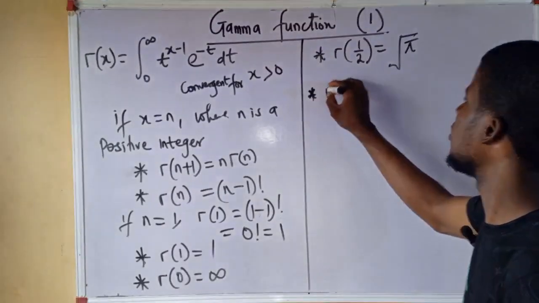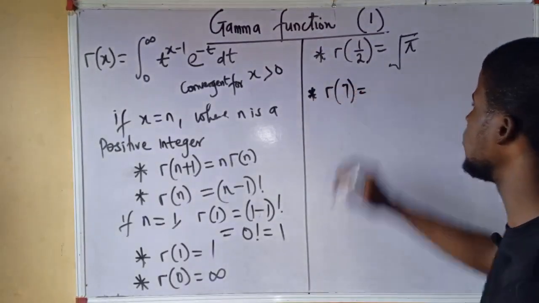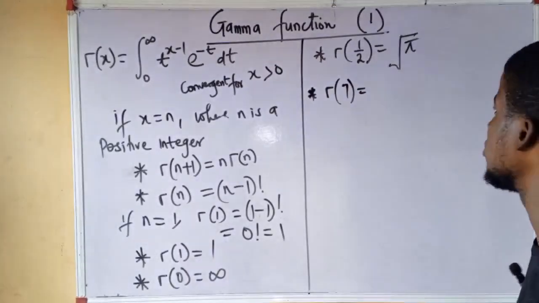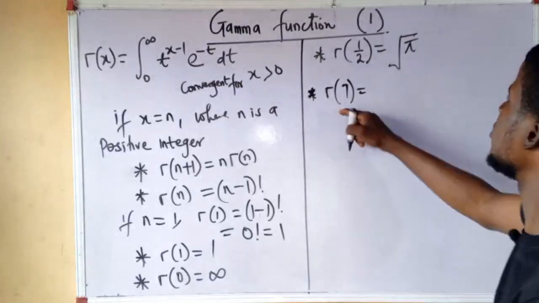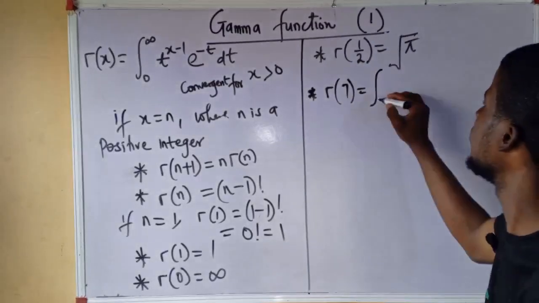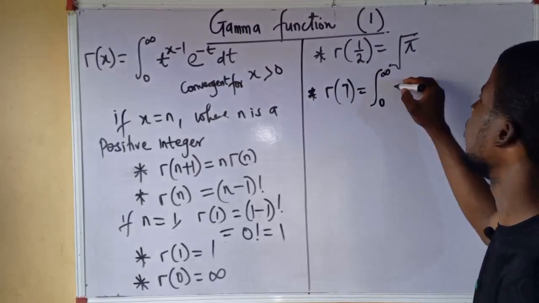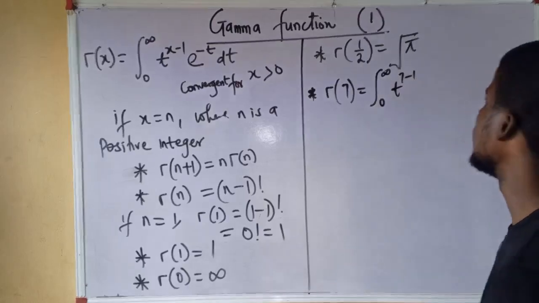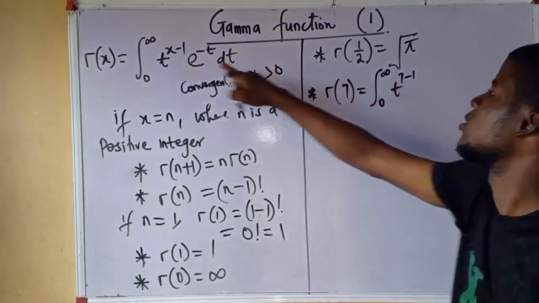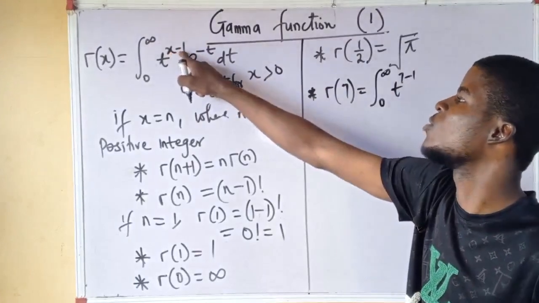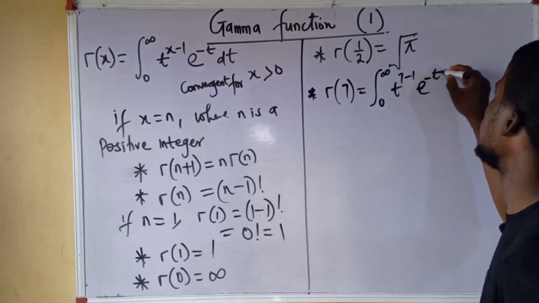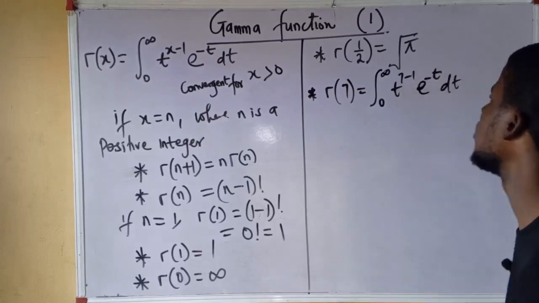I want to evaluate gamma of 7. Actually, gamma of 7 is 720, which is 6 factorial. This is simply the integral from 0 to infinity of t to the power of 7 minus 1, which is 6, e to the power of minus t dt.